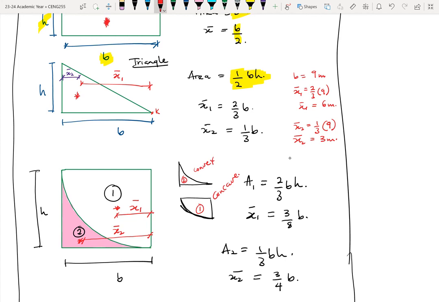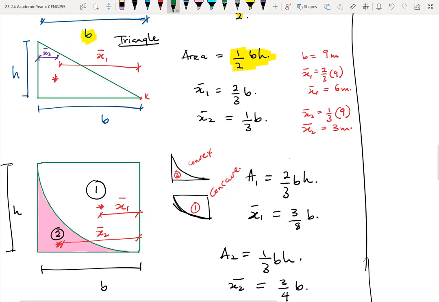Okay. And then the moment arm from the centroid of area 1, which is what I have over here, towards the right-hand side, I call x1 bar. And x1 bar is 3/8 times the base. So for example, assuming we have a base equal to 9 meters, x1 bar is 3/8 times 9, and that will give us some answer.